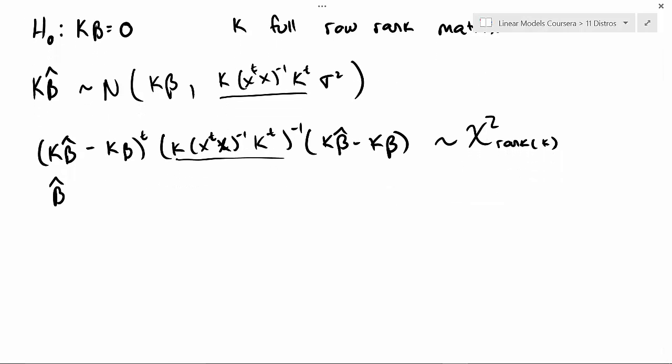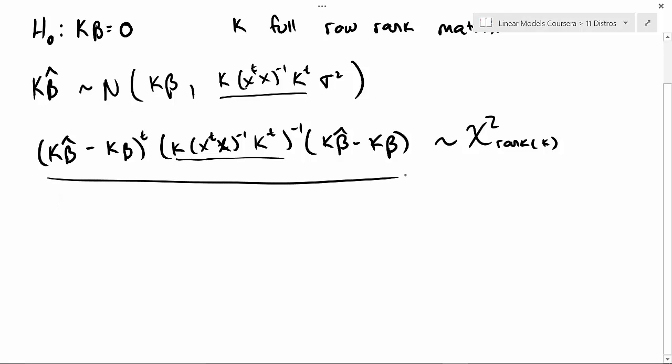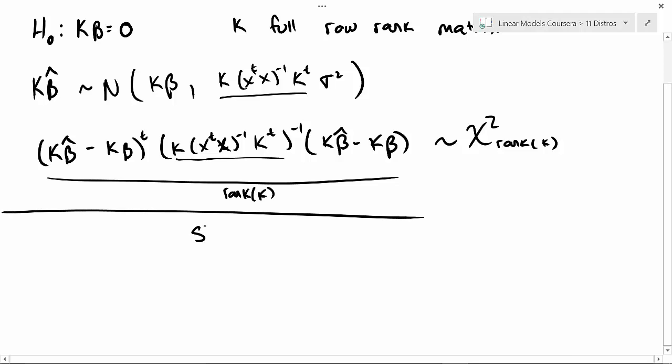So what I could do is take this quantity, divide it by its degrees of freedom, rank of K, and then divide it by n minus p times s squared over n minus p times sigma squared. Oh, I realized I made a mistake. I forgot my sigma squared right there.